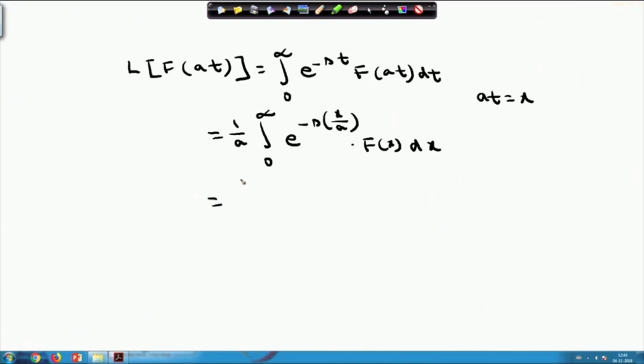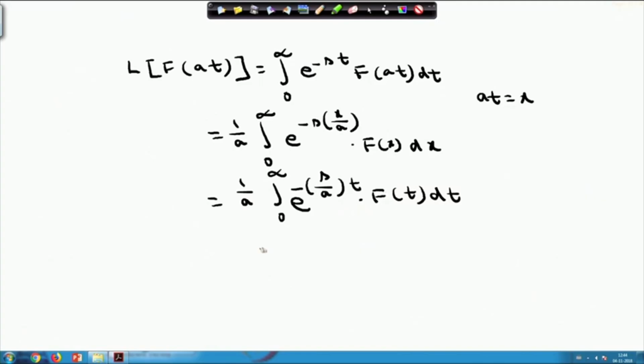So, this is equal to 1 by a integral 0 to infinity e power minus s by a into t into f of t dt. That is, you are changing the parameter x by t again without changing any other properties. So, this I can write down as e power minus s by a t into f t dt.